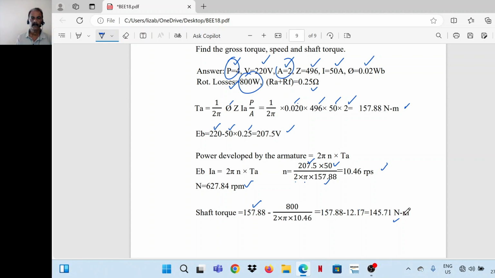Power developed by the armature is 2 pi n into TA, from this equation speed can be found. Then shaft torque is equal to armature torque minus rotational loss torque. We get it as 145.71 Newton meter.